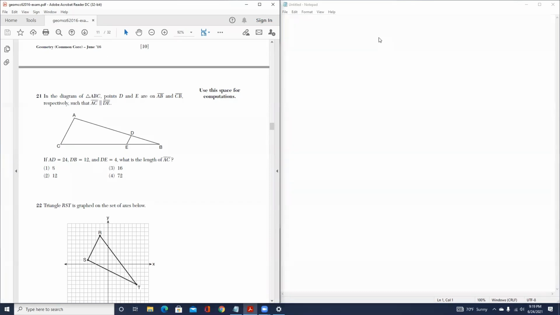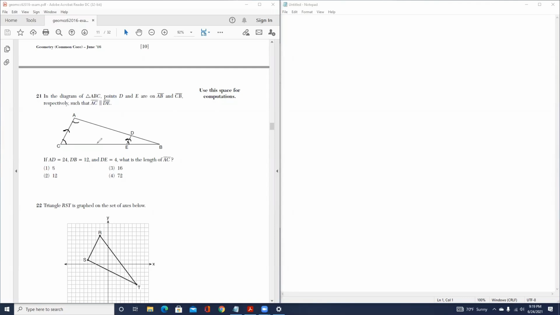Based on the relationship described in the problem, we know that these are parallel, and therefore these angles, angle C and angle E, will be congruent with each other.